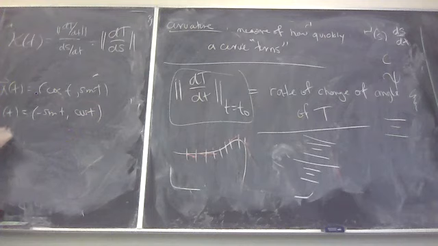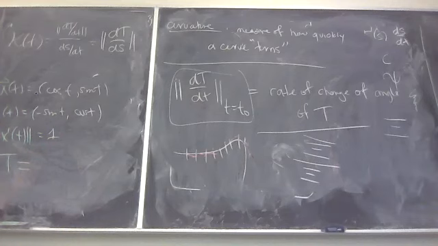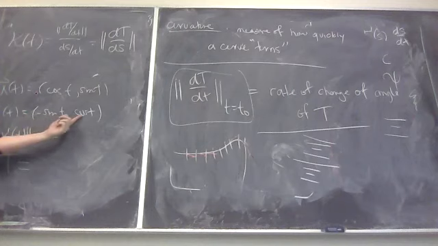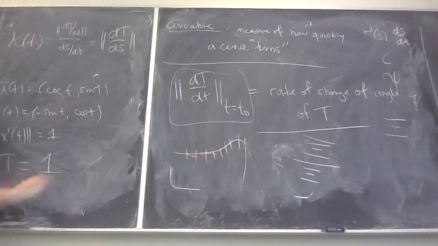What's the length of x prime of t? 1. Okay, what's the tangent vector T then? T is supposed to equal x prime divided by the length of x prime, which is the same exact thing, right? What's the length of this vector? Sine squared plus cosine squared is 1. I take the square root and I get 1. So the length of x prime is constantly equal to 1.